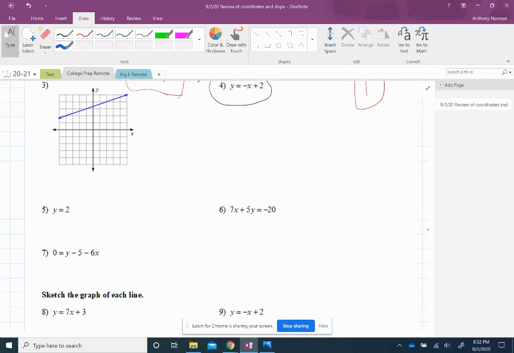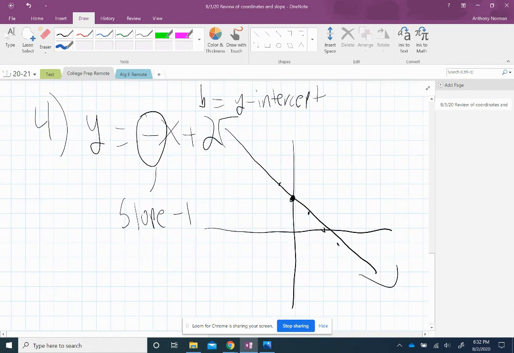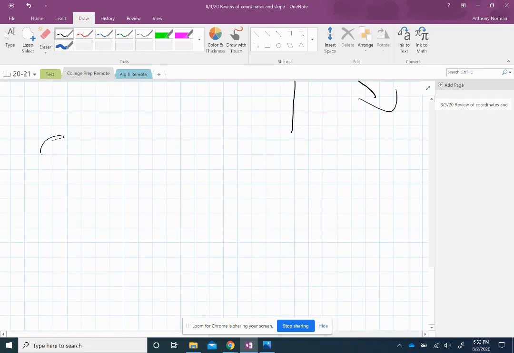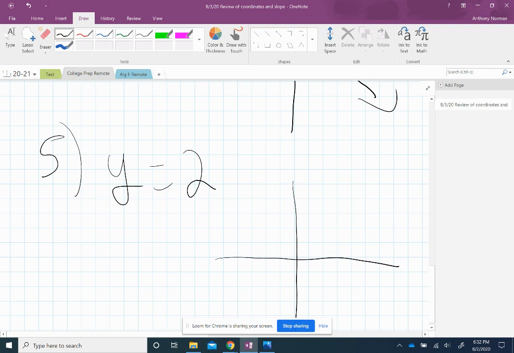So for this one, we have y equals 2. So we need to graph this. So what's our y-intercept? Well, is there an x here? No. Which means we have 0 slope.